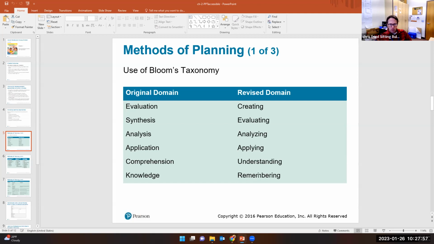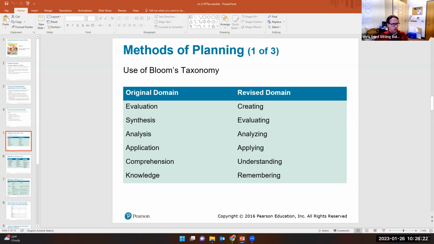Remembering is the first level. If you think about this word, remembering, that is the basis, the simplest level of thinking. We just try to remember something. Then as we move up, it gets more complex. We understand it, we apply it, we analyze, evaluate, create.